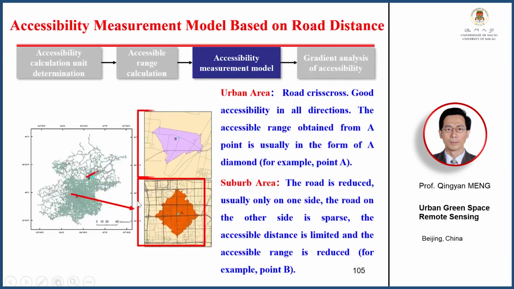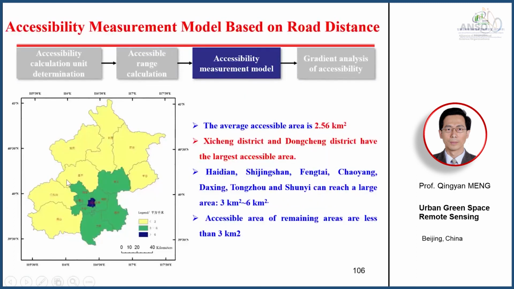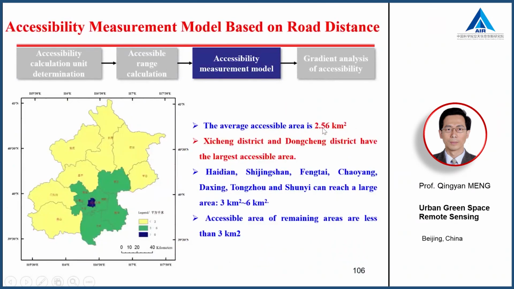The point A, the suburban area, the road is dense usually only on one side, and the road on the other side is sparse, and the accessible distance is limited. And then we can calculate the accessible area, which is 2.56 square kilometers.